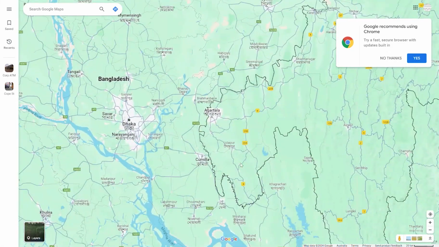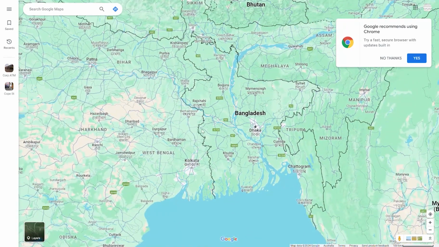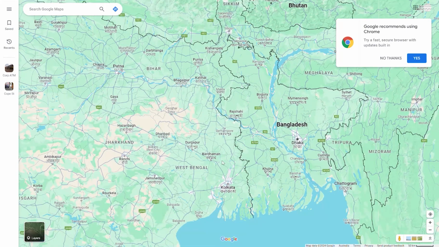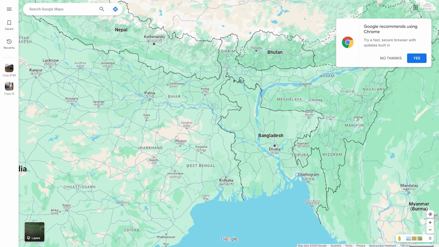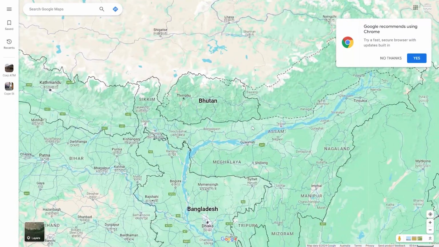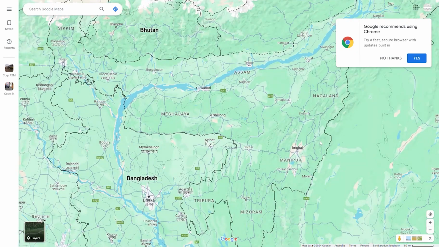Tripura is this state here that kind of cuts into Bangladesh, and Bengali is spoken there. Bengali is spoken in West Bengal, and it's also spoken a huge amount in Assam.